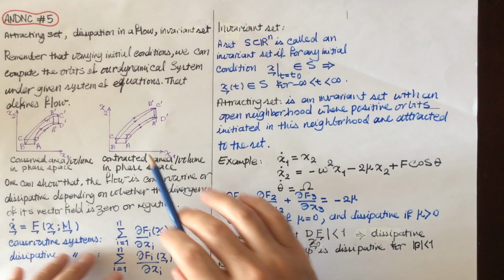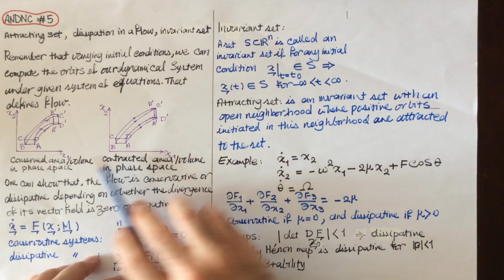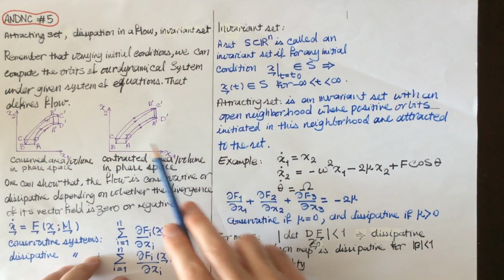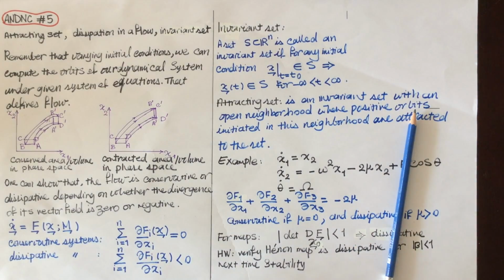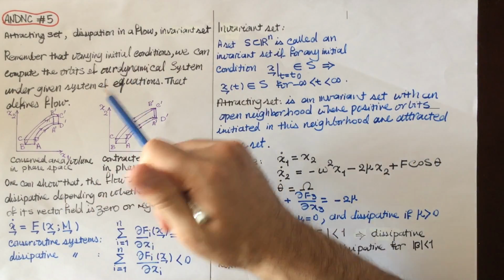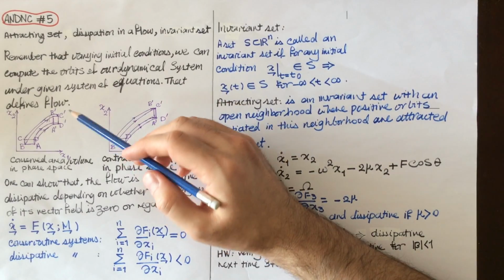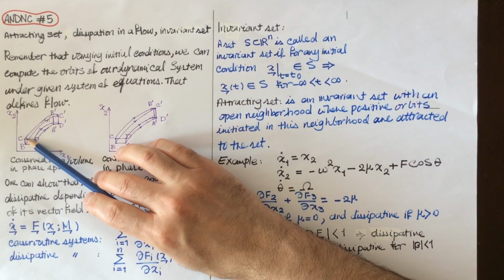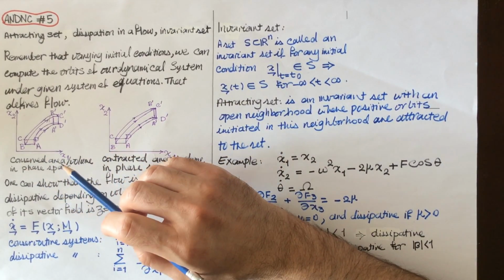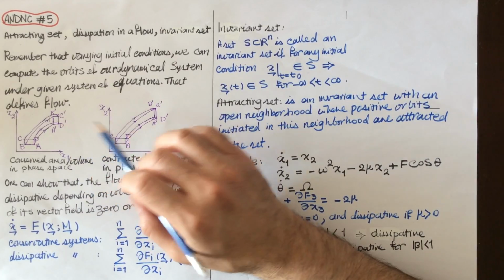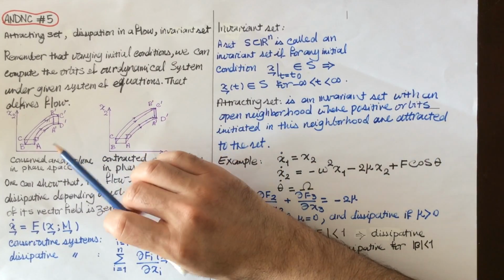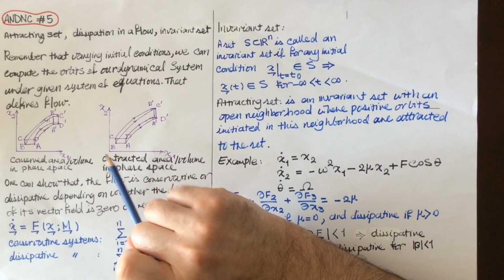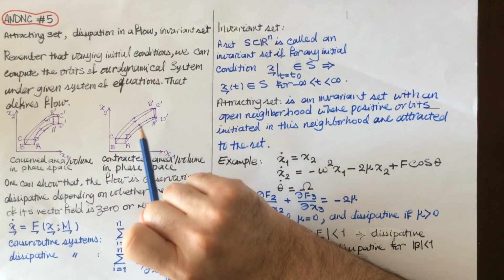If I follow the flow from different initial conditions, say point C travels to point C prime, and the same thing, B to B prime, A to A prime, and D to D prime.